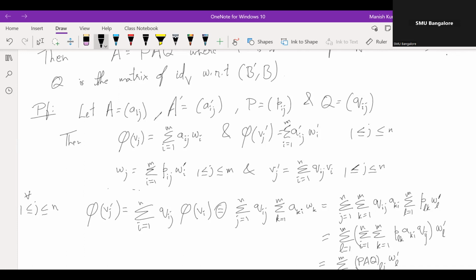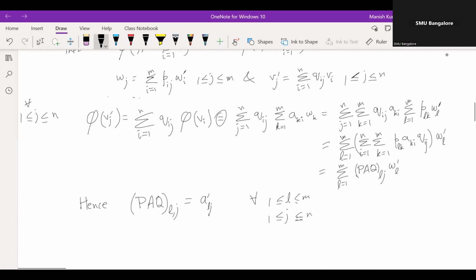You have to replace j by k, and instead of i we use l, and we get wk is summation plk wl prime, l equals 1 to m. If you use this formula, then we just simplify.